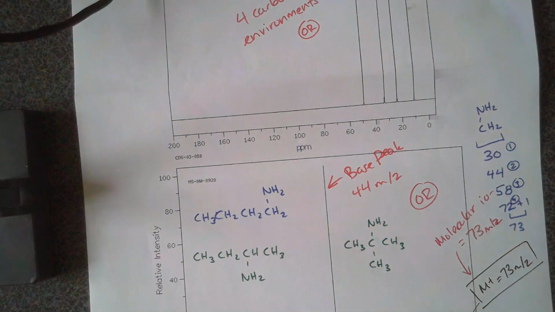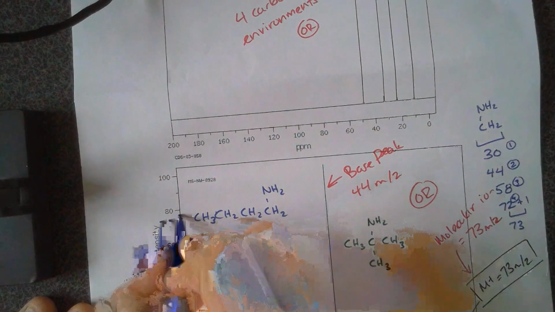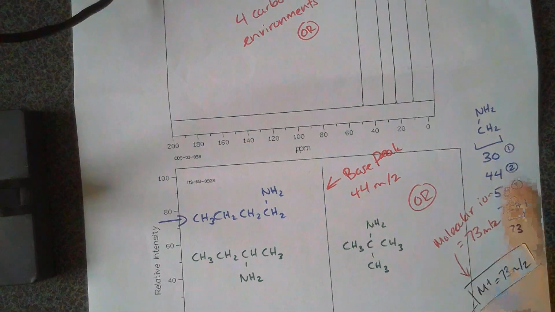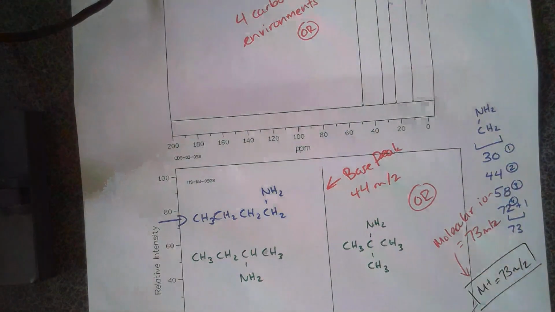So a merit level student will give me this answer, because it does fit the parameters, but it's not the right answer. The other thing a merit level student will do is talk about fragmentation, and be able to identify one of the fragments.